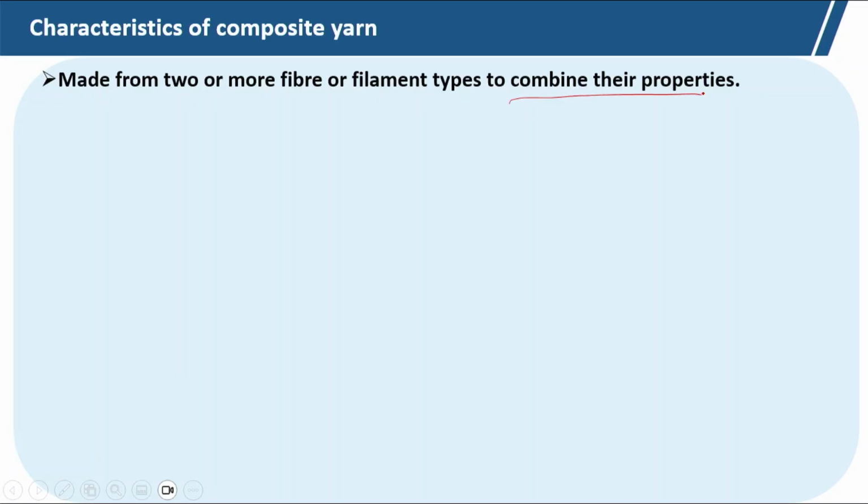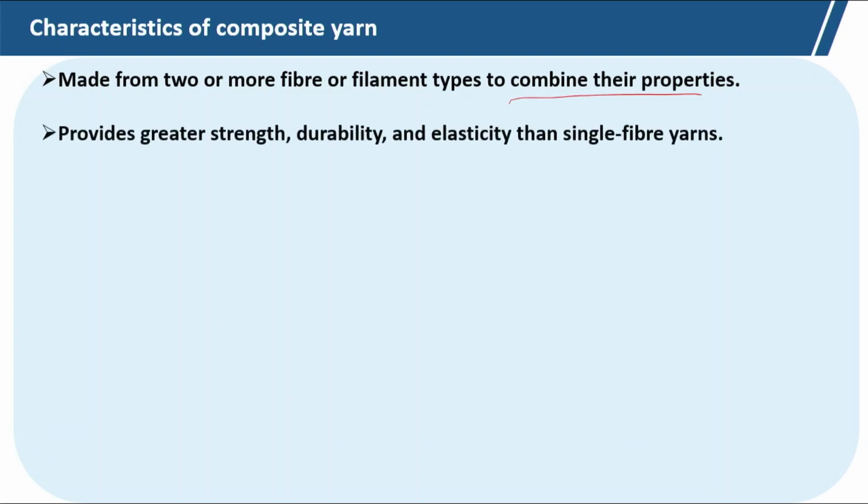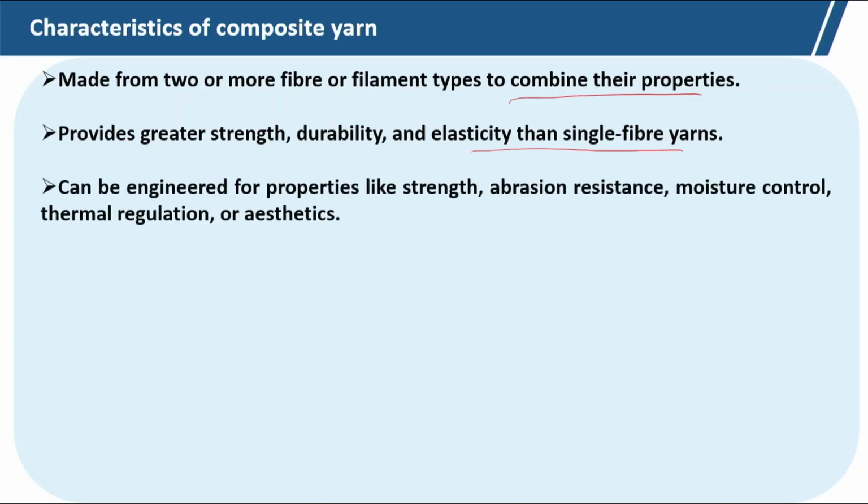So, we can create the advantages of the positive aspects of the fibers, provide greater strength, durability, elasticity than single fiber yarn. It can be engineered for properties like strength, abrasion resistance, moisture control, thermal regulation, aesthetics. So, different characteristics we can incorporate.